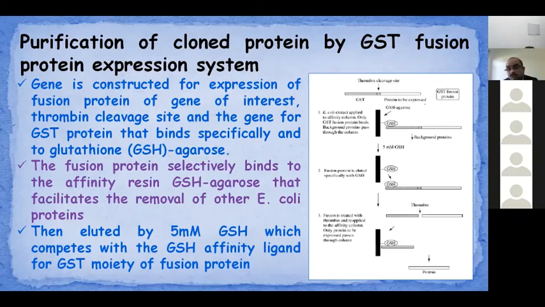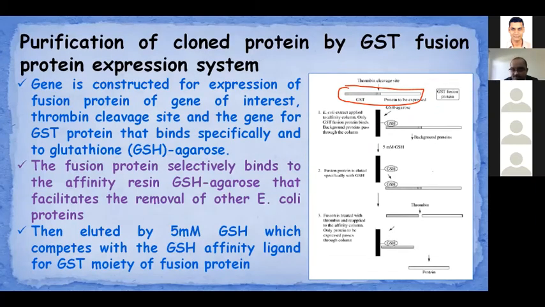The protein is synthesized in this way, where this gray part is the actual protein of interest, and then it is passed through the column which has GSH, reduced glutathione. The GST binds with the GSH by affinity. The other proteins of the cell are washed away with buffers.